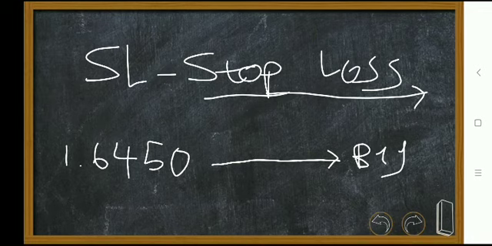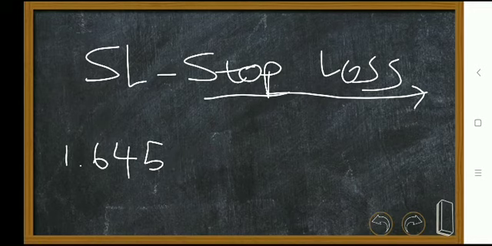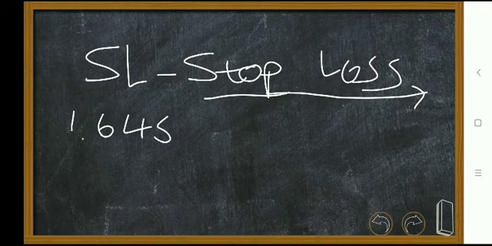Your stop loss, let's do this. This is your entry price, 1.6450. Your stop loss will be set lower, and usually the brokers don't allow you to set it by less than a minimum of 5 pips.